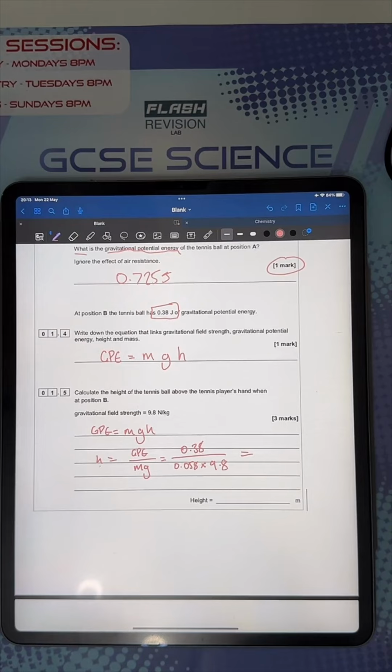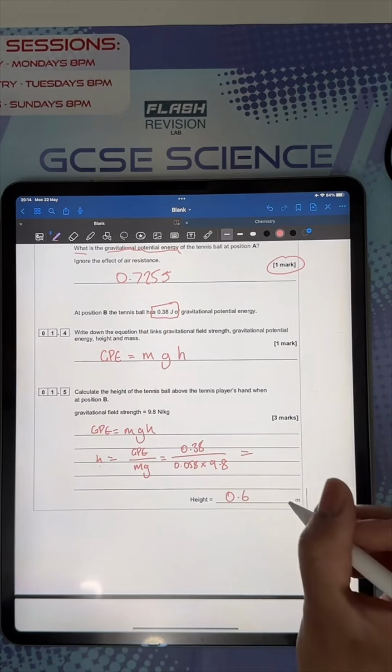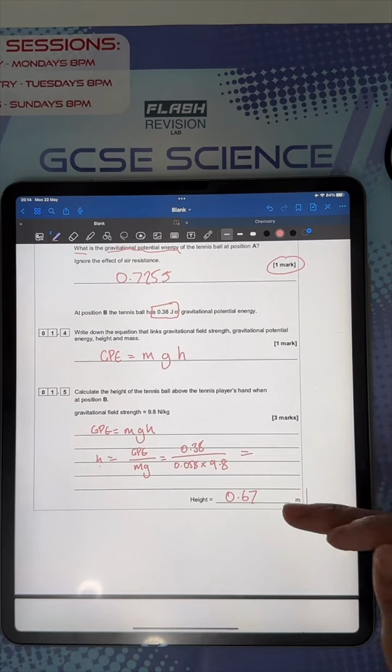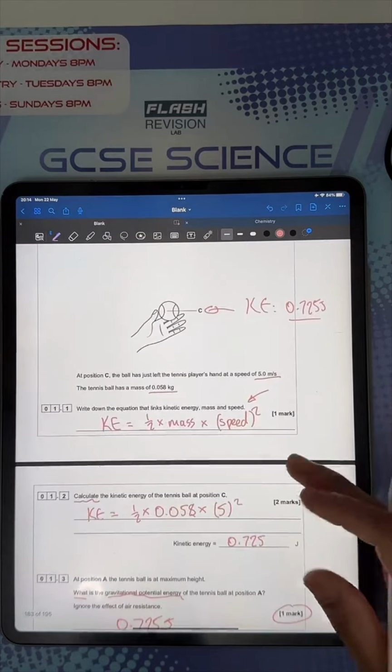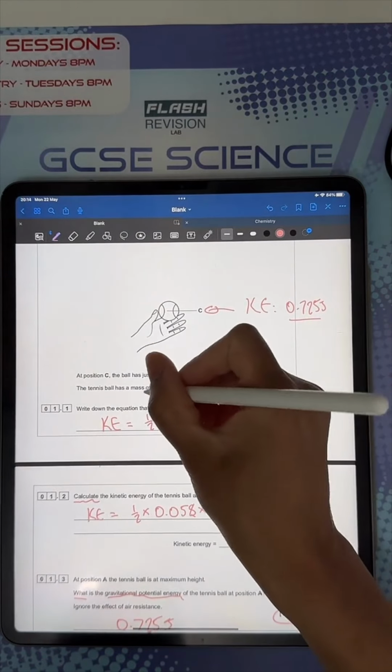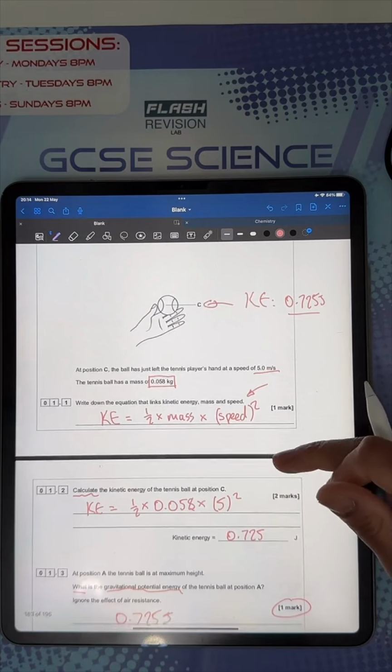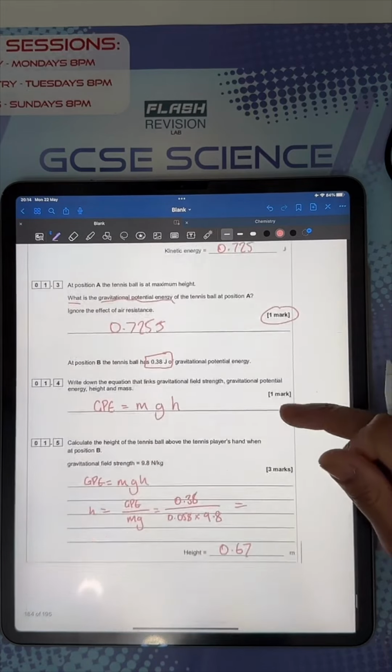So if you round that, you get around 0.67 meters, something like that. Where is 0.058 from? It is here. It's given to us as the mass of the ball, 0.058. Any other questions on this one then? Does everyone understand?